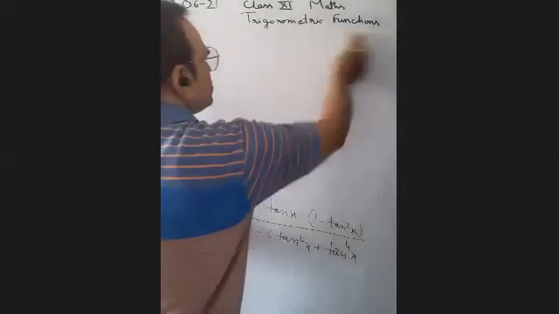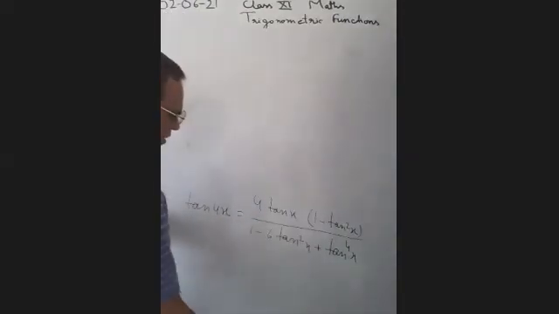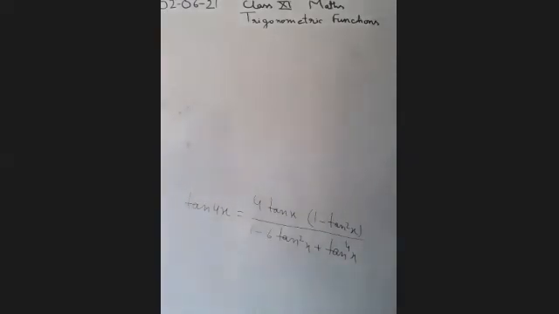We have learned the formula of tan x and tan 2x, but this is tan 4x. In the last question also there was cot 3x, which we converted into cot x plus 2x.